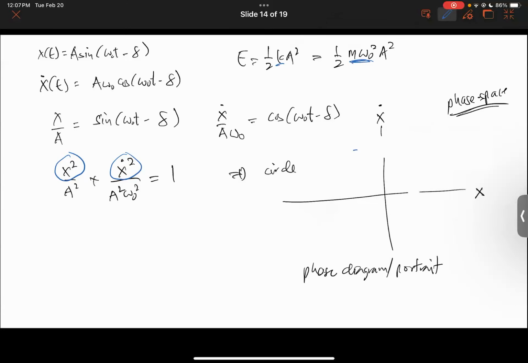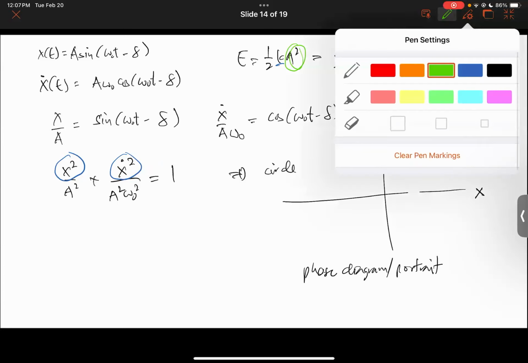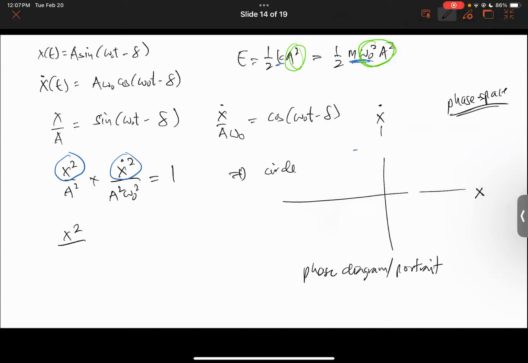So in other words, if I consider this and this, then I can write this equation as x squared over 2E over k plus x dot squared over 2E over m equals 1. Now we are describing the phase space in terms of the total energy of the oscillator.